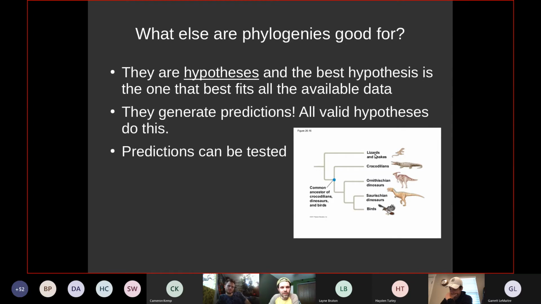Okay, according to this phylogeny, some of you probably already have misconceptions about the relationship between crocodiles and lizards. What does this tell you about that relationship? It tells us that lizards and snakes are less closely related to crocodiles than birds are. Yeah, birds are more closely related to crocodiles than crocodiles are to lizards, which is galaxy brain, right?